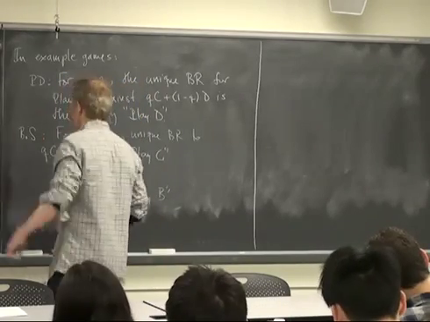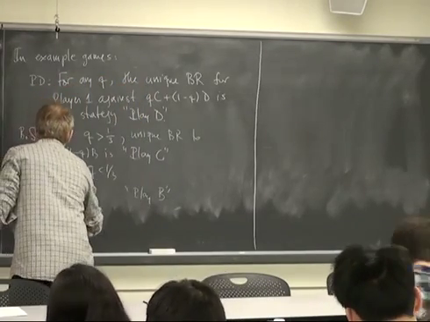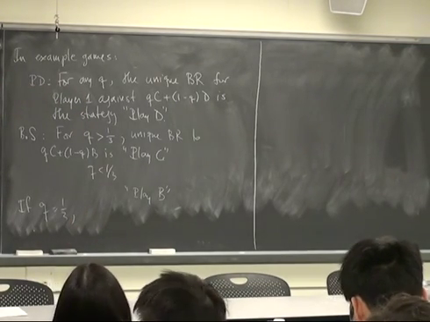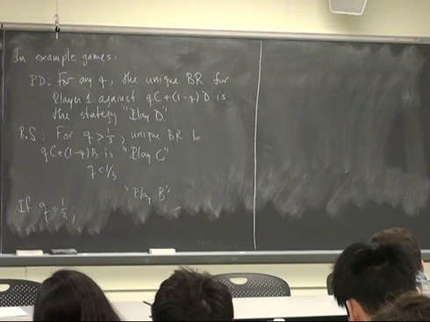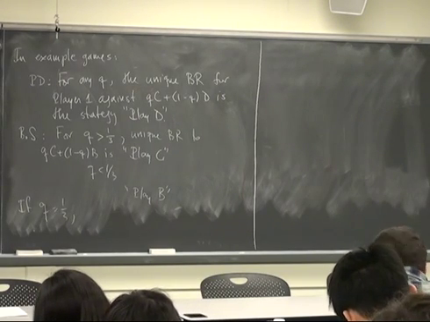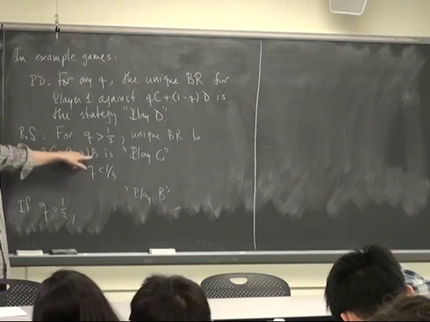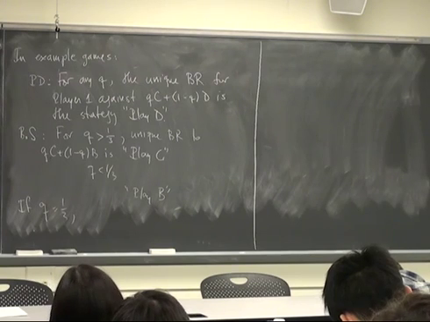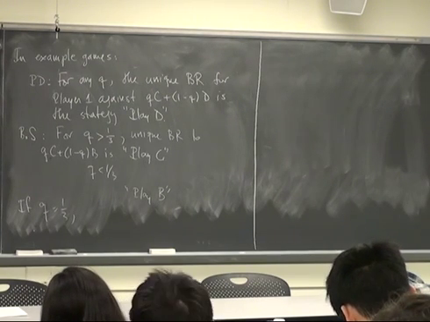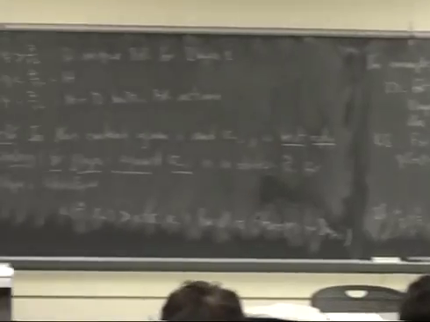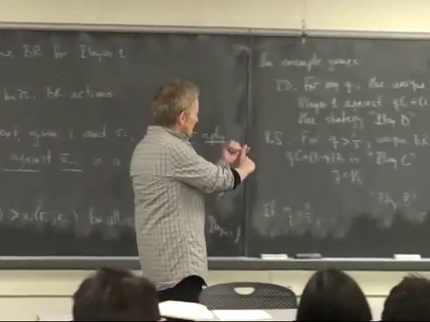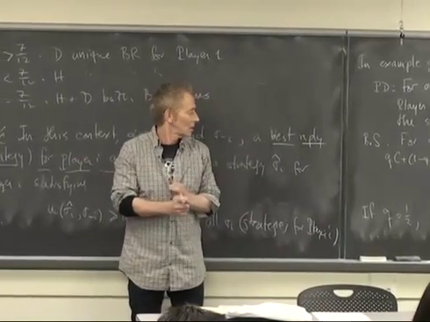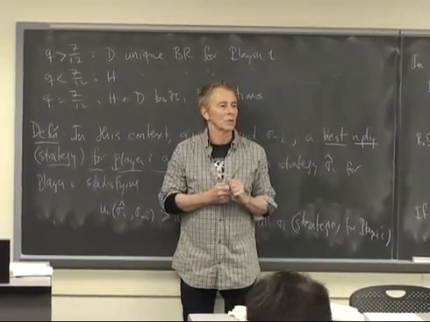And what if Q equals 1/3? If Q equals 1/3, in other words, if player 2 is going to play C with probability 1/3 and B with probability 2/3, we discovered that both C and B are best reply actions. I get the same payoff for either of them. So play B is a best reply strategy. Play C is a best reply strategy. But furthermore, any mixture of those is going to be as well, right?